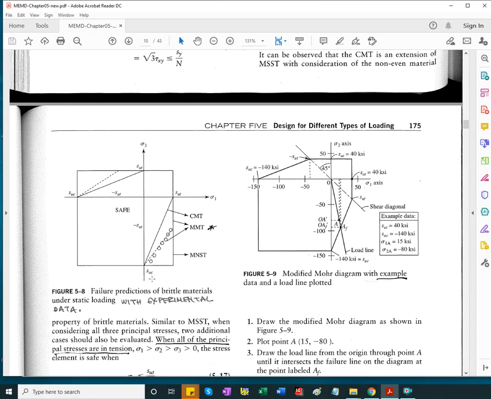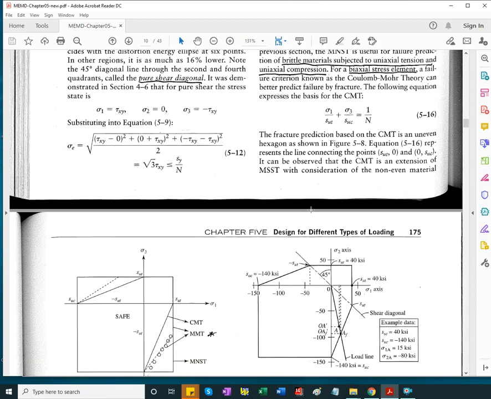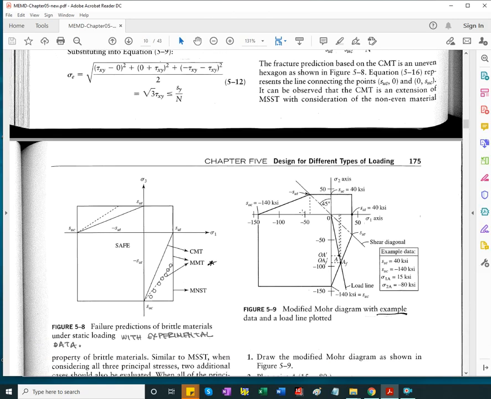So this is the area of failure for real brittle materials. That's why there are alternative theories, so Coulomb-Mohr theory, where the boundary is reduced by connecting with lines these 2 points, a pair of points, and these 2 pair of points.